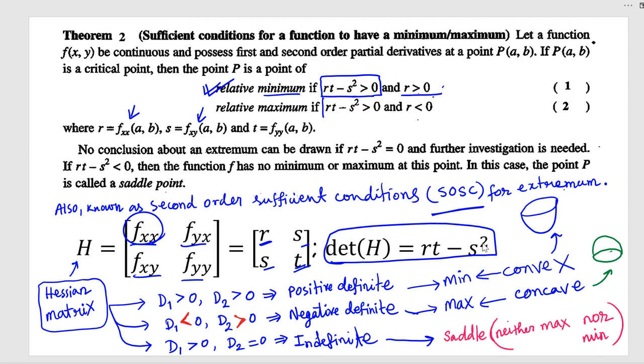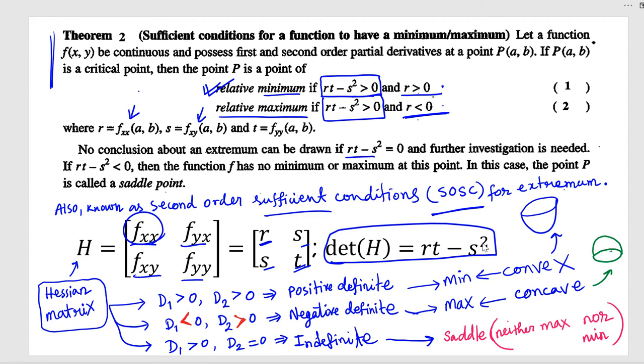And if R is less than 0, then you can call it a relative maximum. This condition is known as the second order sufficient condition, because it guarantees that the function has either a maximum or a minimum.